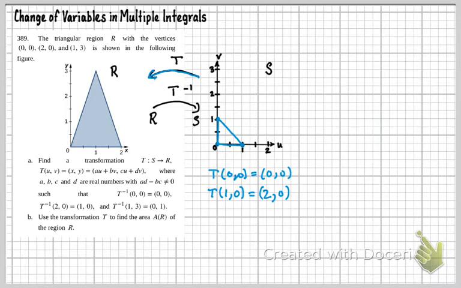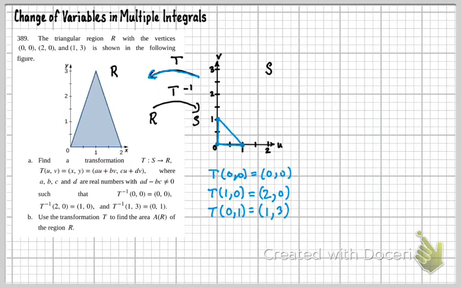And if I take this third point in S and map it to R, that's T of (0, 1), and that's going to map to (1, 3). So by using these points, I can figure out what my A, B, C, and D will be.